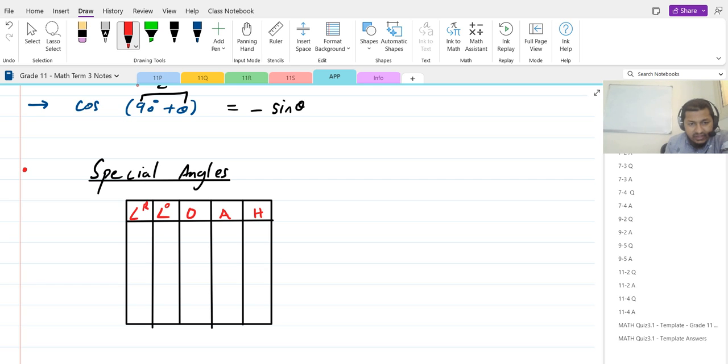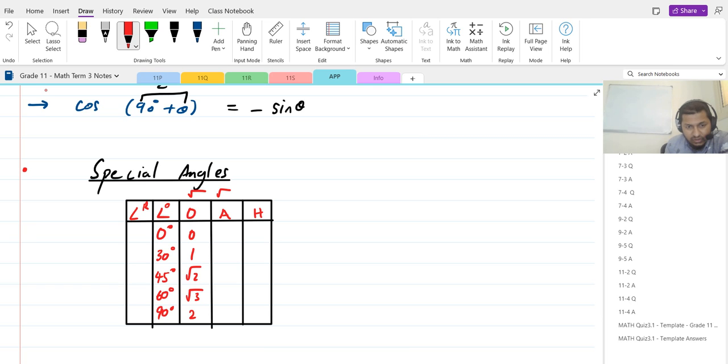So degree angles are 0 degrees, 30 degrees, 45 degrees, 60 degrees and 90 degrees. How we construct the table here is we count from 0, 1, 2, 3, 4, and we take the square root. So square root of 0 is 0, square root of 1 is 1, root 2 is root 2, root of 3 is root 3, and root of 4 is 2.